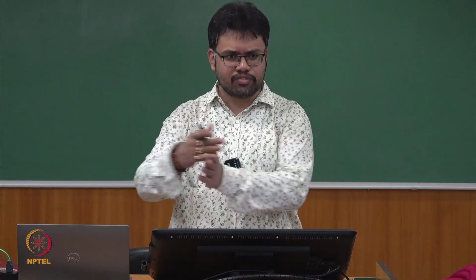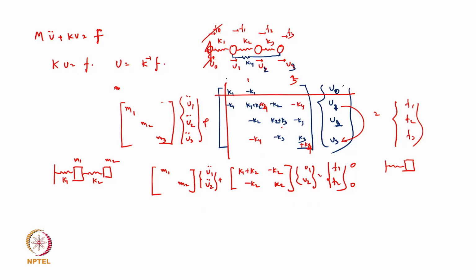Agreed? All of you? Any doubt? We just go on increasing the number. All the previous ideas remain the same. Instead of a single degree, we now have 2 degrees, so it is 2 times more.